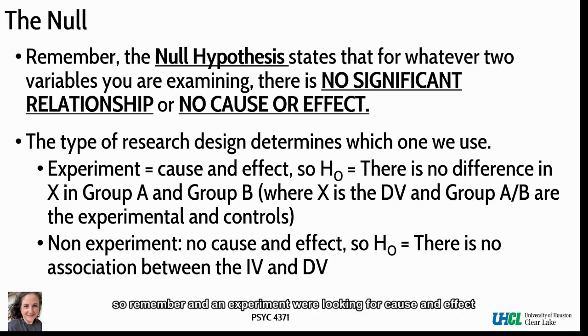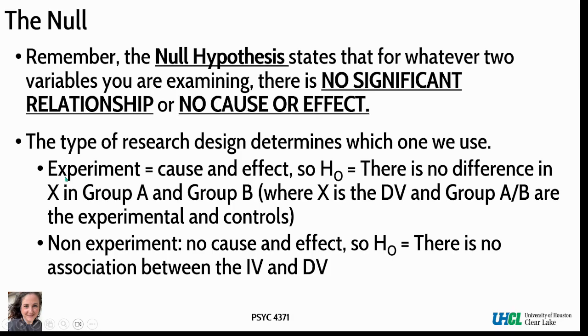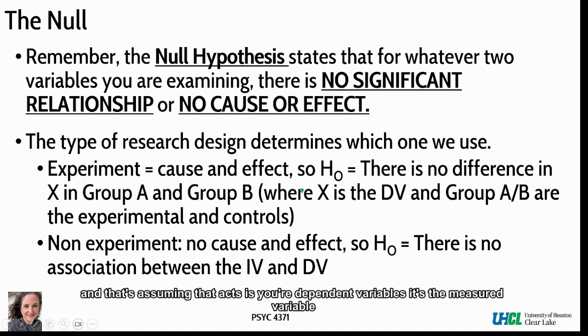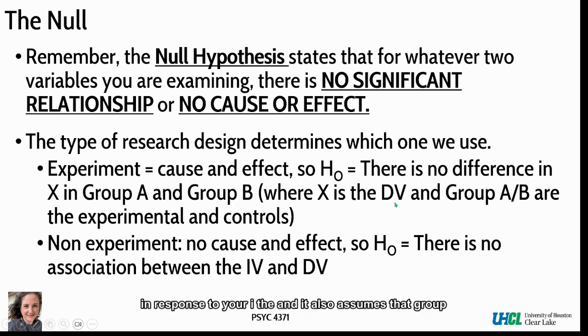So remember, in an experiment, we're looking for cause and effect. So our null hypothesis is going to say that there is no difference in variable X in group A and group B. And that's assuming that X is your dependent variable, so it's the measured variable in response to your IV, and it also assumes that group A and B are going to be experimental and control.